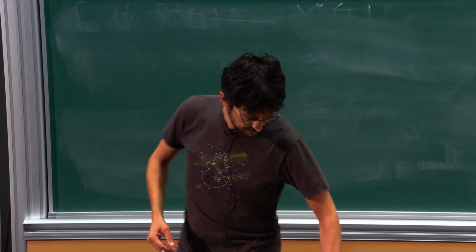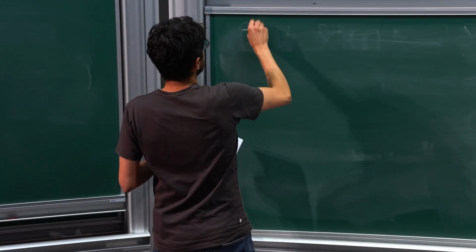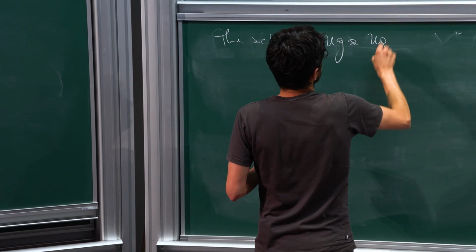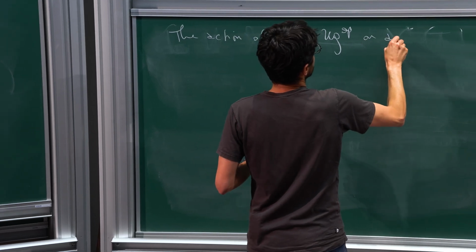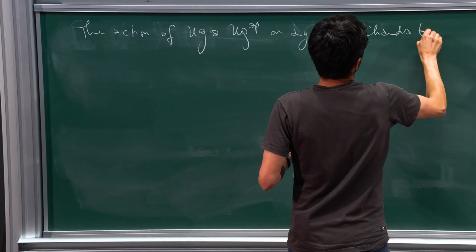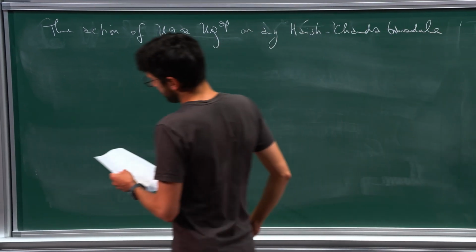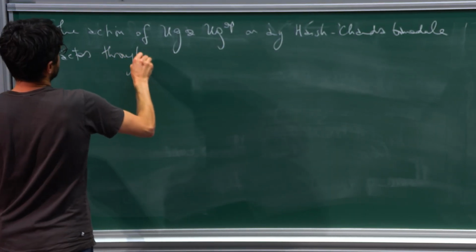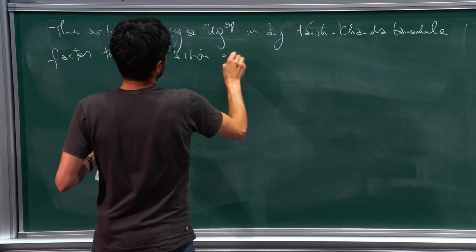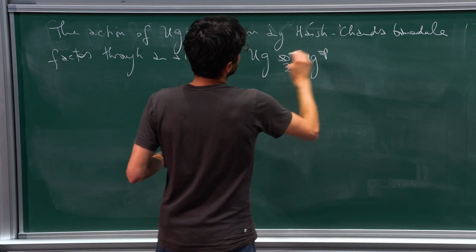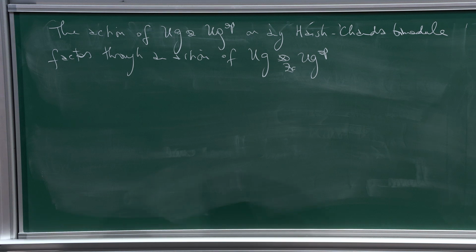Because of that, when I consider a Harish-Chandra bimodule, the action of UG tensor UG op on any Harish-Chandra bimodule factors through an action of the tensor product over the Frobenius center. Again, this is due to my second condition.